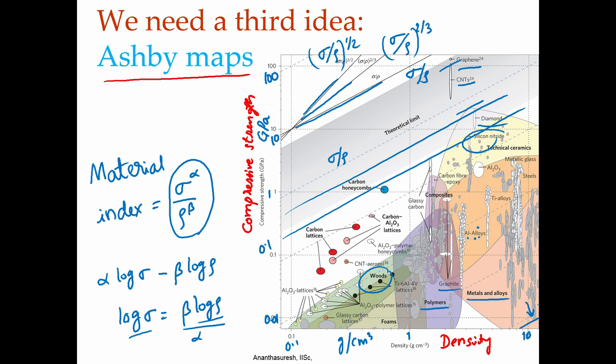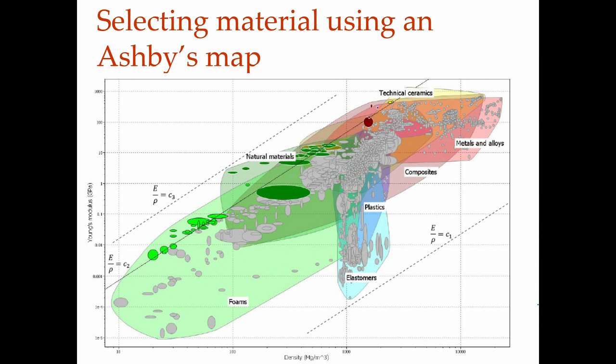So, by putting all materials in terms of this map, we can select material. Okay. So, to reinforce the idea, now we have here again two properties. One is density, for a different criterion, and here we have Young's modulus. Again, you can see how the materials cluster together.